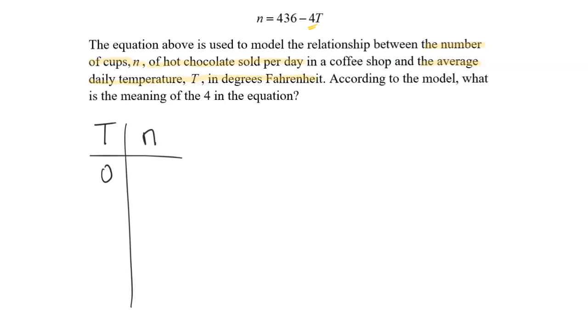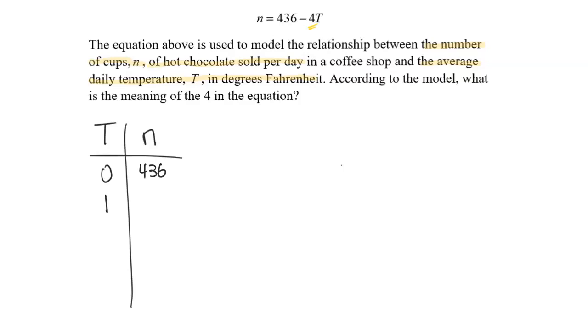Well, if I plug 0 in for my temperature, then the number of cups sold is going to be 436 minus 4 times 0. And I know that 4 times 0 is 0, and so the number of cups sold is going to be 436.